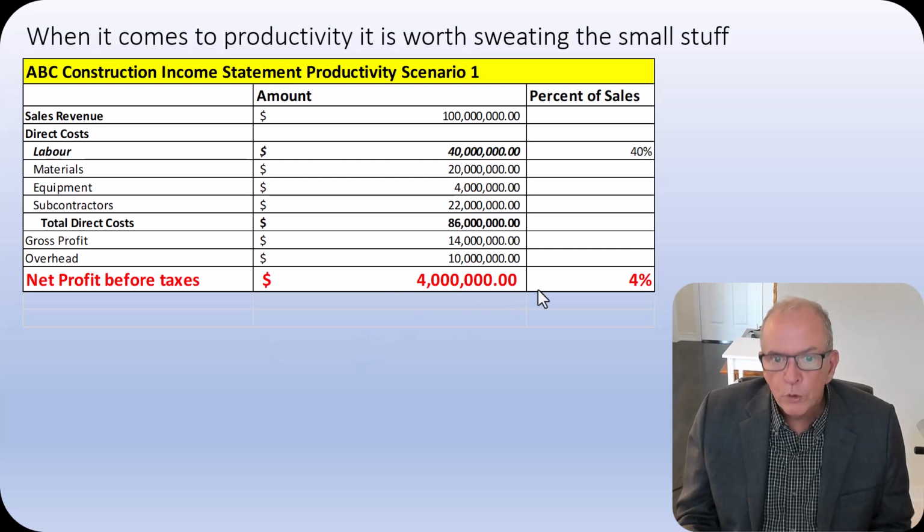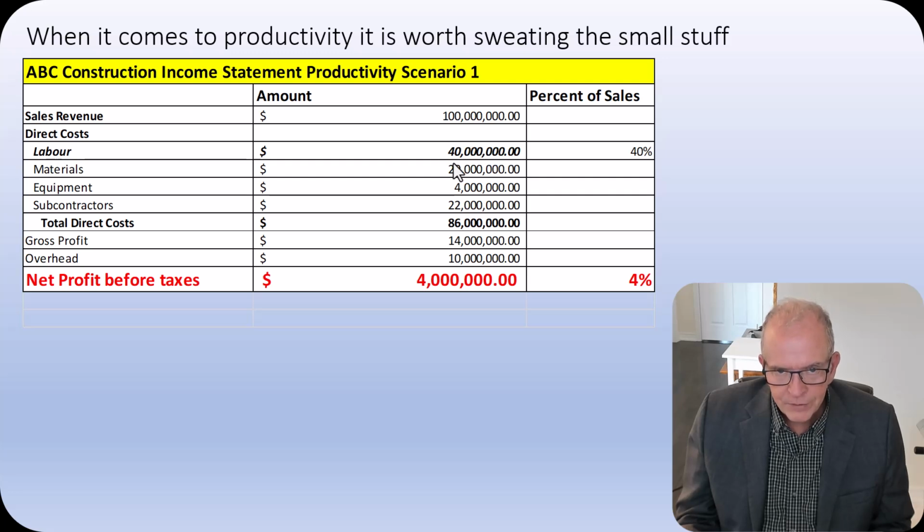So let's say we're at 4 million, and that's 40% of sales. Let's say we improve our productivity on our labor, just on our labor, by 10%. What does that do to our profit, right? I'll show you on the next slide, but think about it.